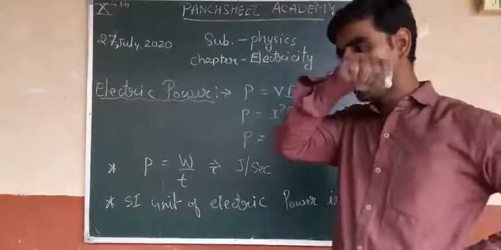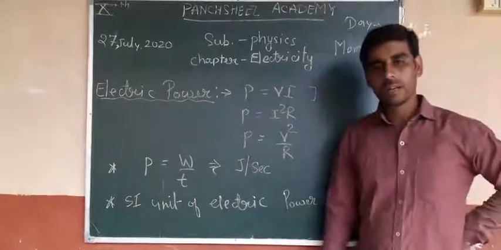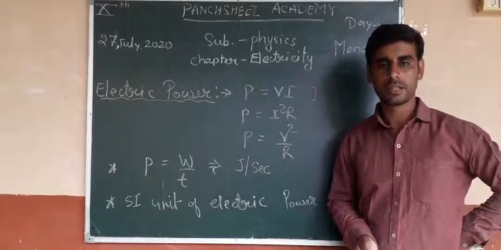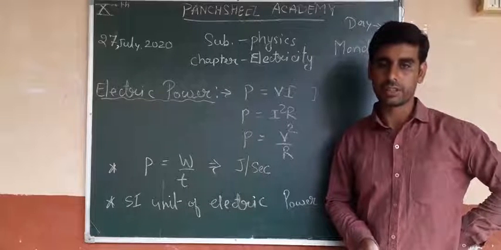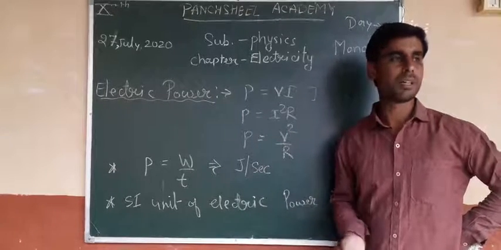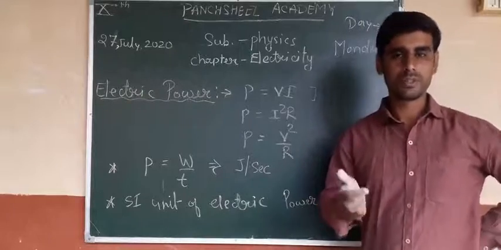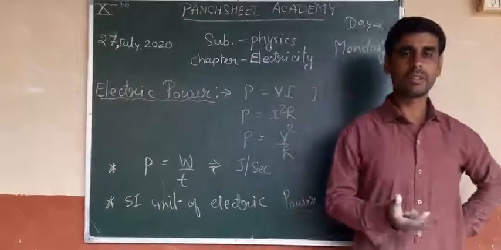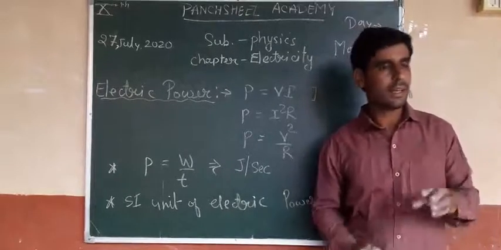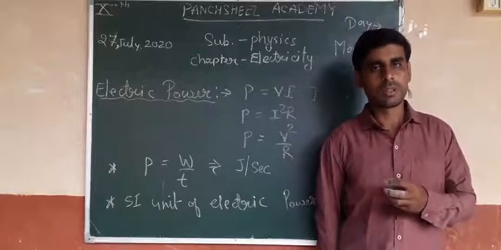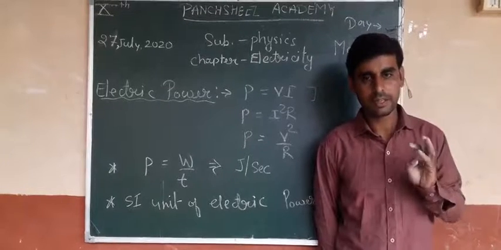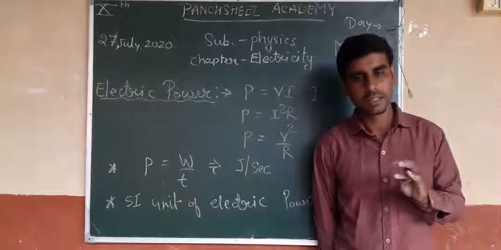So in our household appliances, these consume electrical energy, measured by our electric meter or energy meter, which is hung outside of the house. So in our home, suppose one appliance is an electric bulb, second an electric fan, TV, refrigerator, heater.